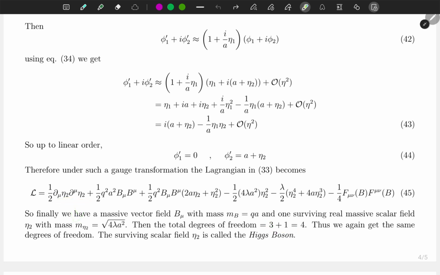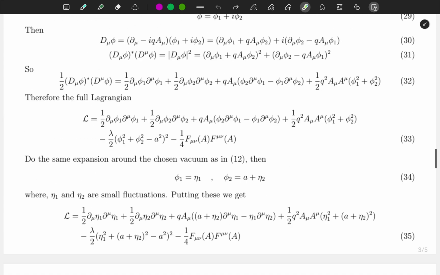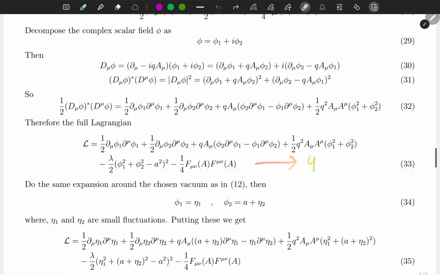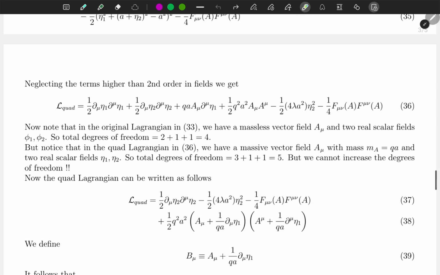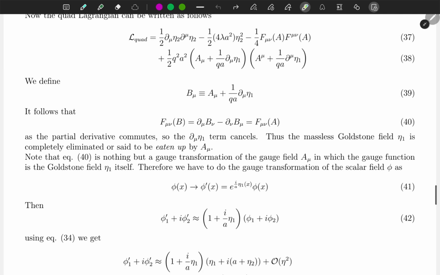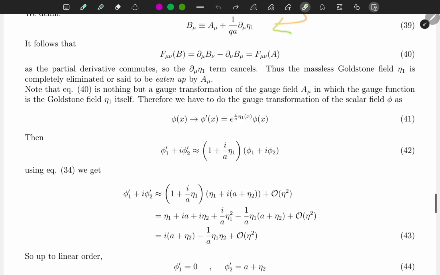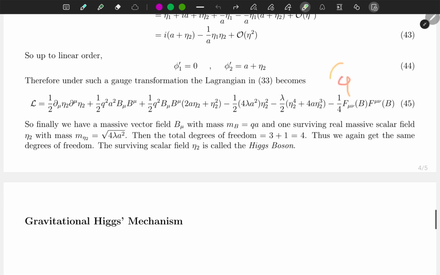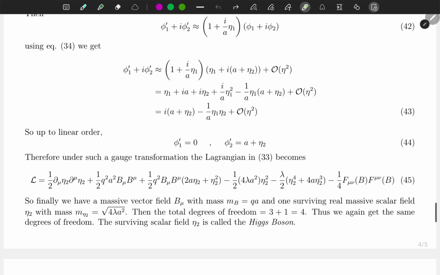So we got back the initial degrees of freedom, that was 4 in the original Lagrangian, but in this Lagrangian it appears to be 5, but it is not 5. By this process you make it again 4.